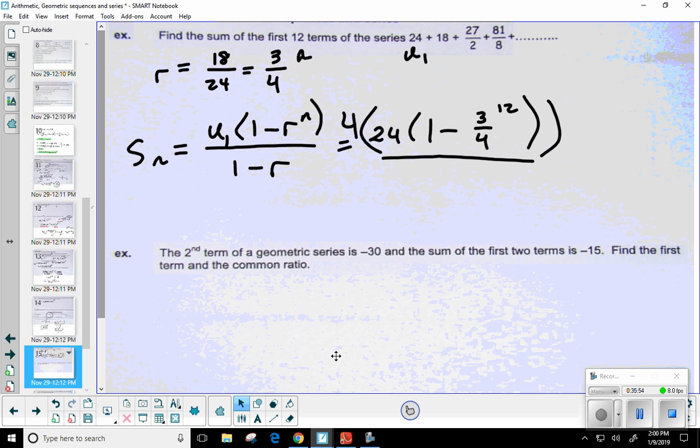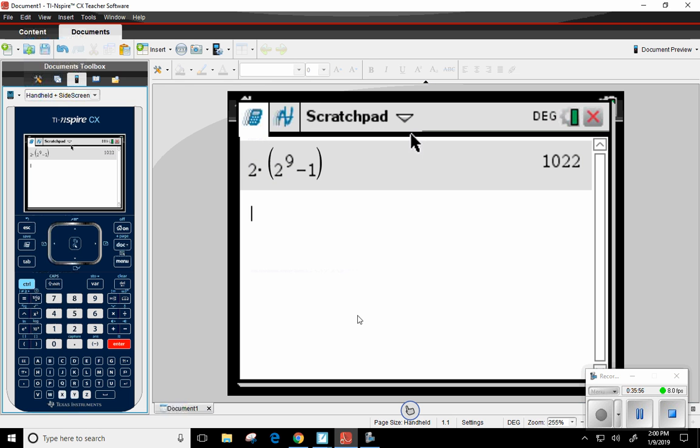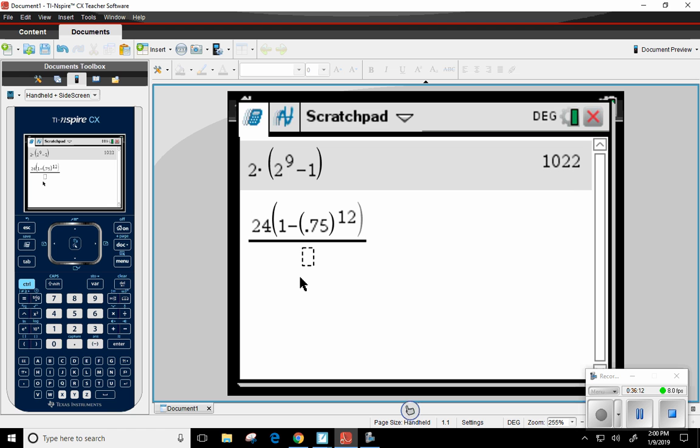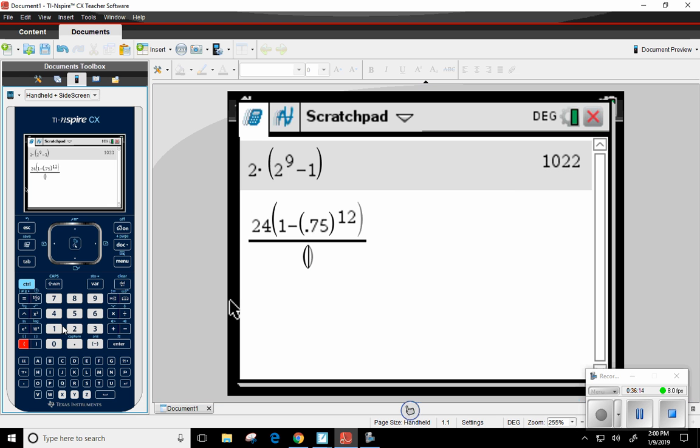Absolutely. Okay. So let me go ahead and type in the original we had here. Why not? Control divide, so we had 24, parentheses, it was 1 minus. Now I am going to go ahead and plug in 0.75 in place of the 3/4. We want to raise that to the 12th, and then I'm going to go ahead and divide that by 1 minus, and I'm just going to plug in 0.75 as well.